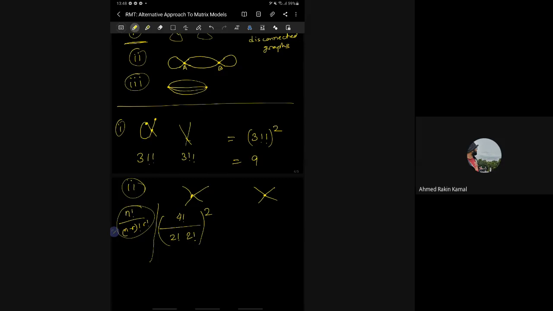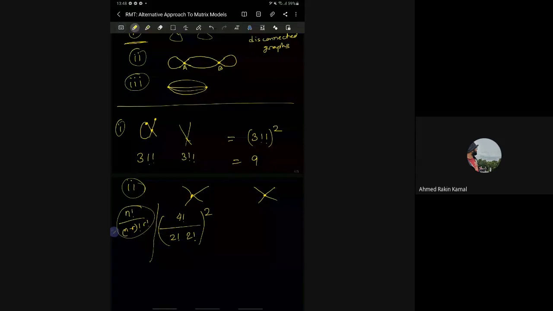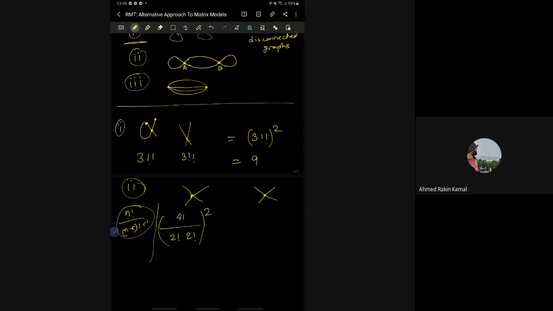In the first one, all of them are self-contractions. Here, 2 of them are self-contractions. We need the other 2 to be free. But in the first case, we didn't need that. We just needed all of them to self-contract.